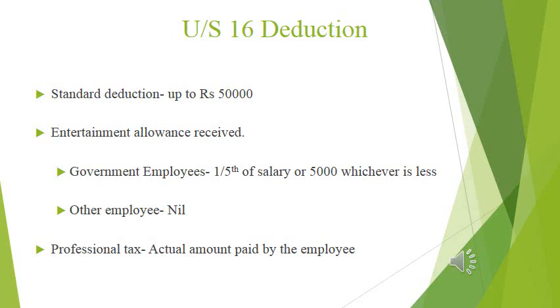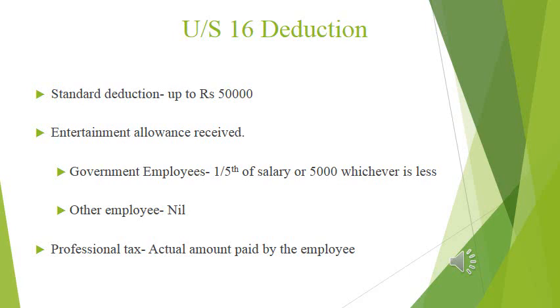So as a part of this discussion, any amount received by an employee as entertainment allowance, first we have to include this amount under income from salary. Then we can claim a deduction under this banner only for government employees.